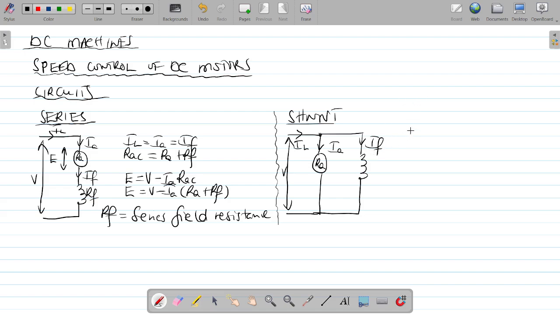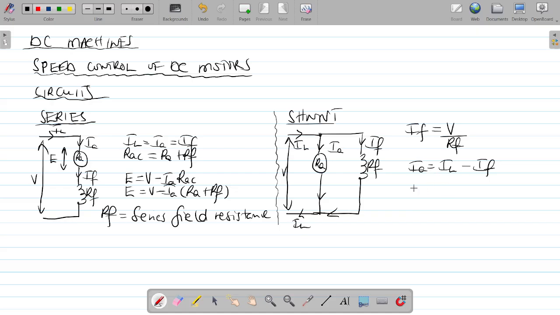On the shunt, your shunt current is your terminal voltage divided by the shunt field resistance, RF, where we have RF here. To find our armature current, we say IL minus IF. Because IL is IA plus IF, IA and IF will all add back to IL down here.